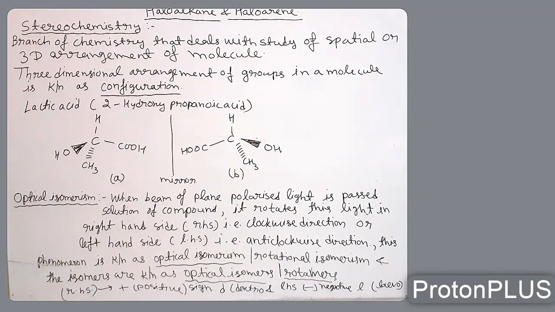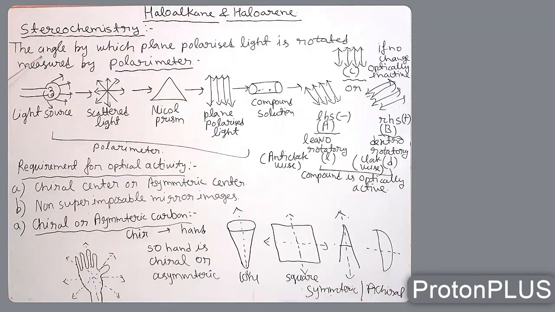Dextrorotatory will rotate the plane polarized light to the right hand side, that is clockwise direction, and a levorotatory compound will rotate the plane polarized light to the left hand side, that is anti-clockwise direction. The angle by which plane polarized light is rotated is measured by an instrument named polarimeter.